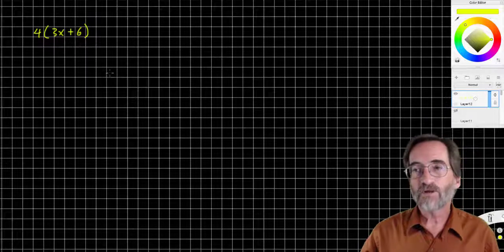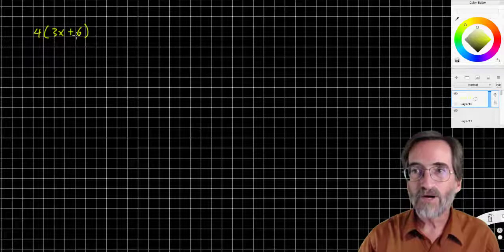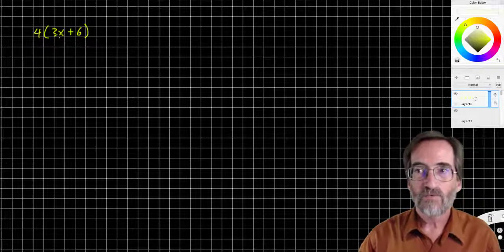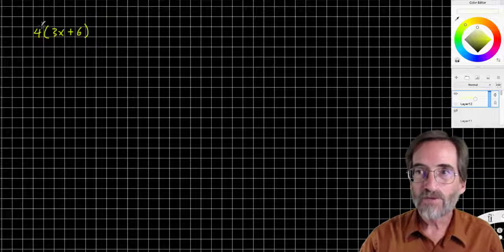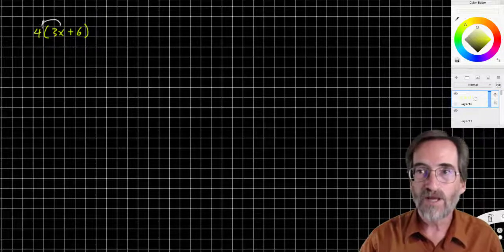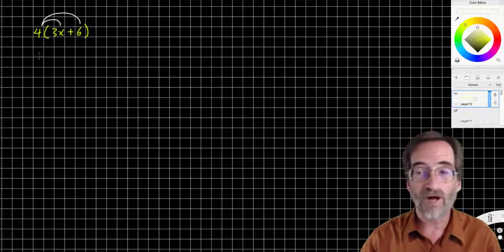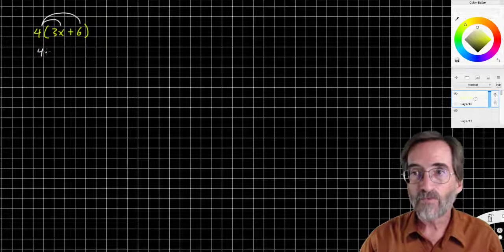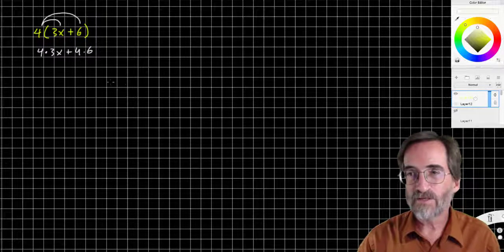The distributive property says when you have a number multiplied by a parentheses with things added in this particular form, you can get the same result by multiplying the 4 by the 3x and multiplying the 4 by the 6. Now I'm going to write an intermediate step you don't have to write, but I'm going to write that multiplication out. 4 times 3x plus 4 times 6.